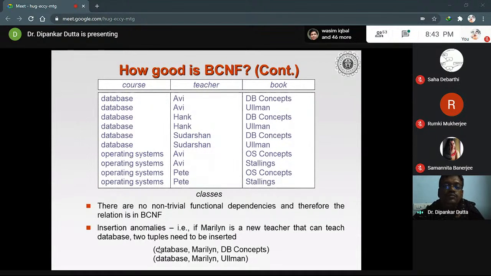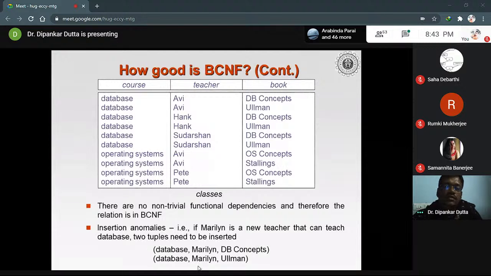Now suppose you want to insert data about Marilyn, a new teacher, and that teacher will teach database. Then you have to enter two tuples: one with the book name DB Concept, another with the book name Ullman.